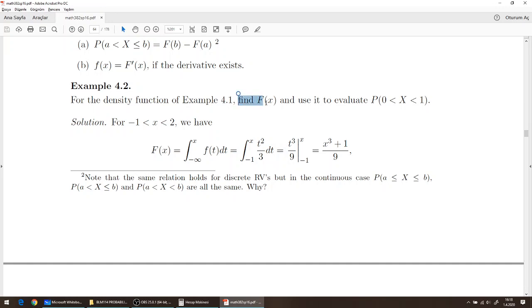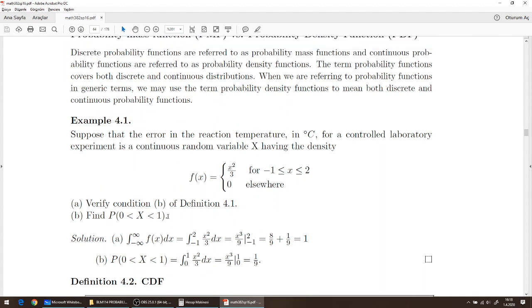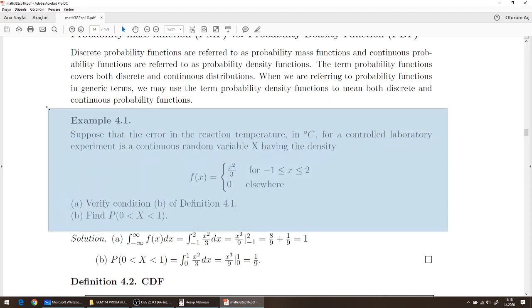Find uppercase F of x and use it to evaluate the same thing. Yes, the same question, part B. Find it using uppercase F. How? Let's take a screenshot again.